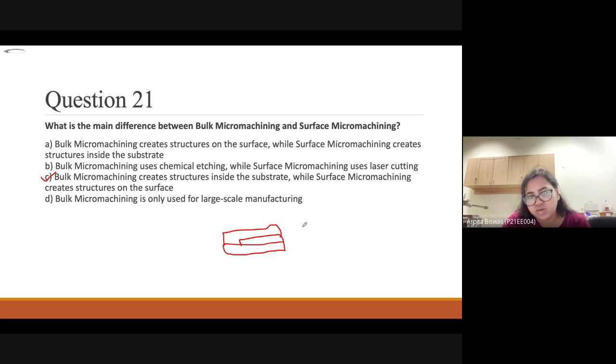Now you remove this sacrificial layer, so you will get this type of structure. There is a wafer and there is a structure, right? So now tell me which one is it, bulk or surface, and can it be possible with bulk micromachining?